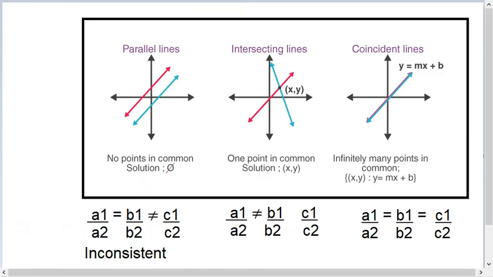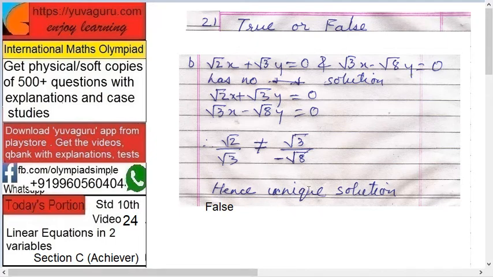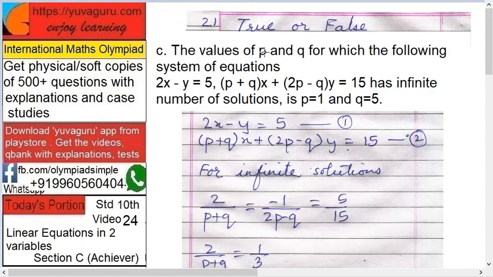No. They are not equal, means a1 upon a2 is not equal to b1 upon b2. It means these lines are intersecting ones, they will have one point in common. So one unique solution they will be having. Hence the statement is false because it says no solution, right?